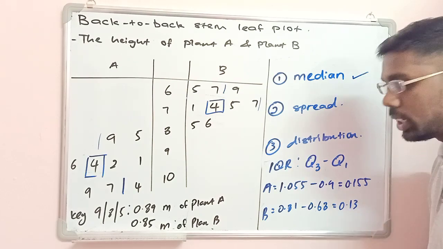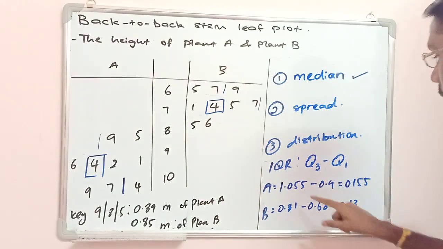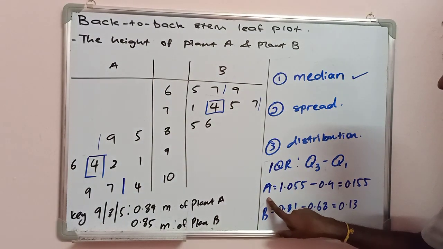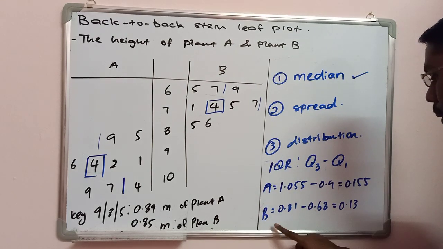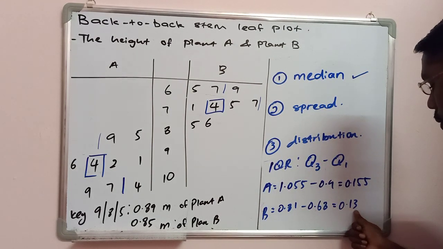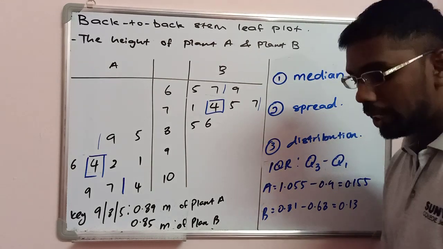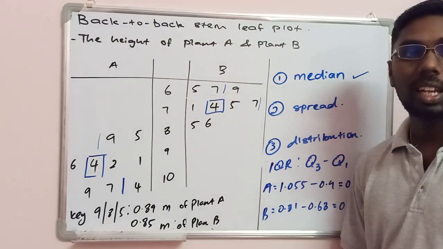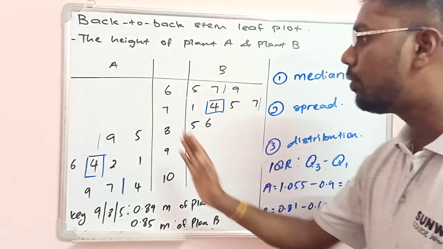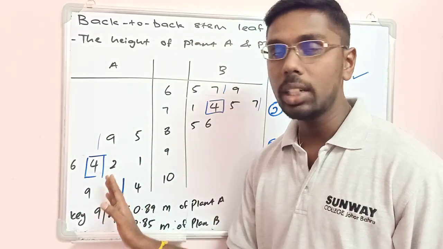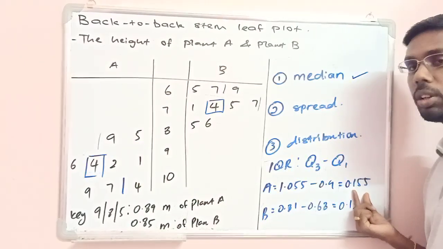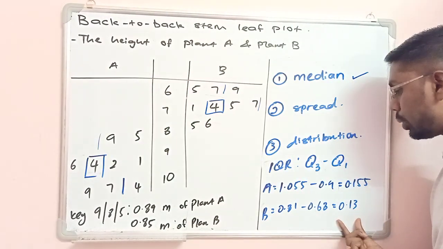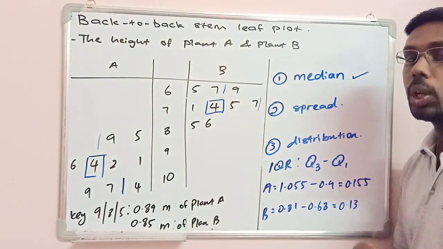So if you compare here for the interquartile range, for A, the interquartile range is 0.155 and for B is 0.13, which means the interquartile range also supports that our spread for A is wider compared to B, because the interquartile range also gives a higher value compared to B. Okay, so I repeat.